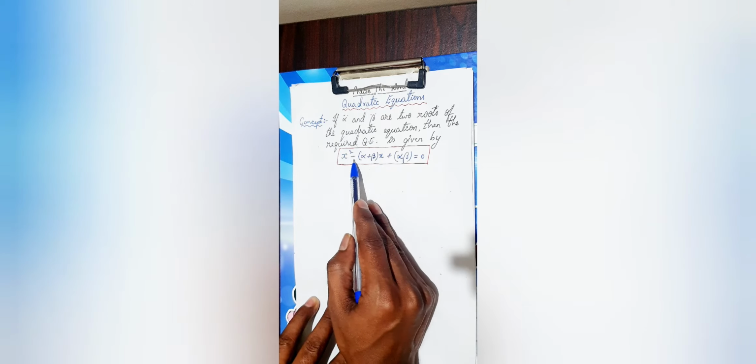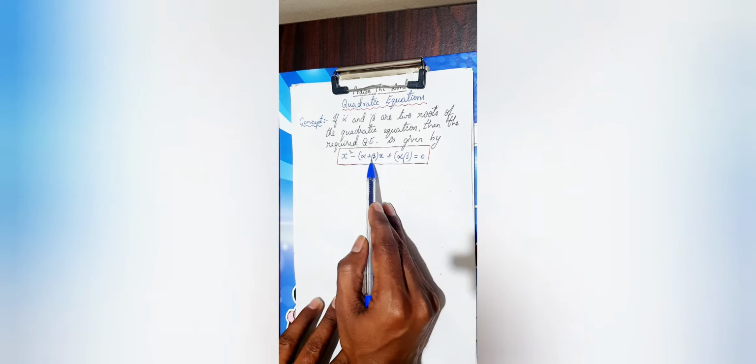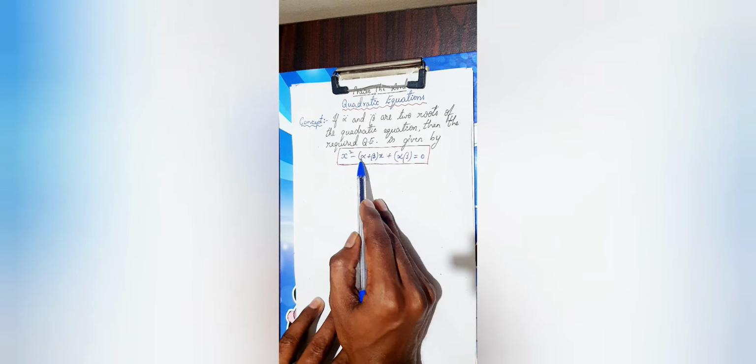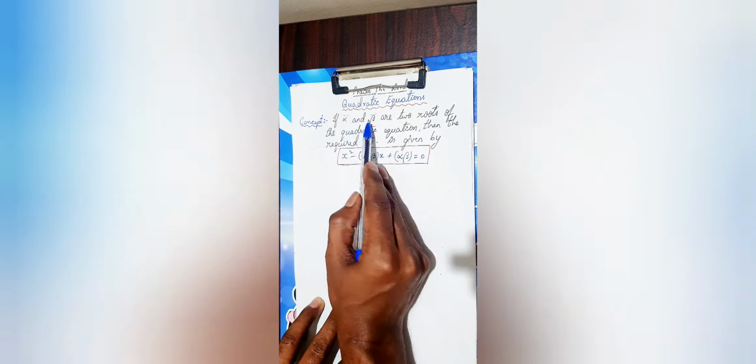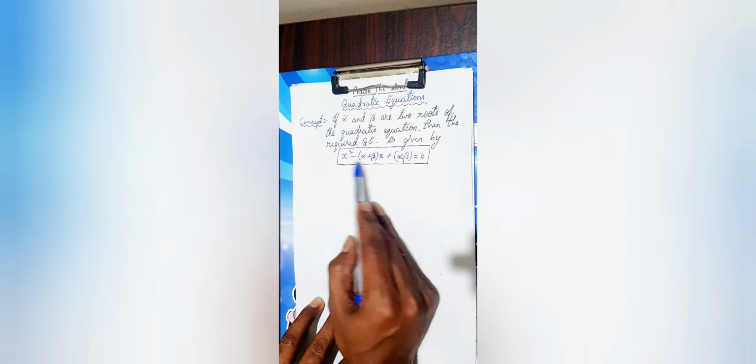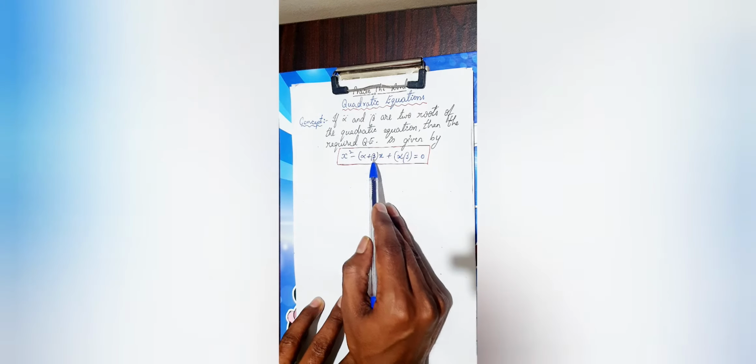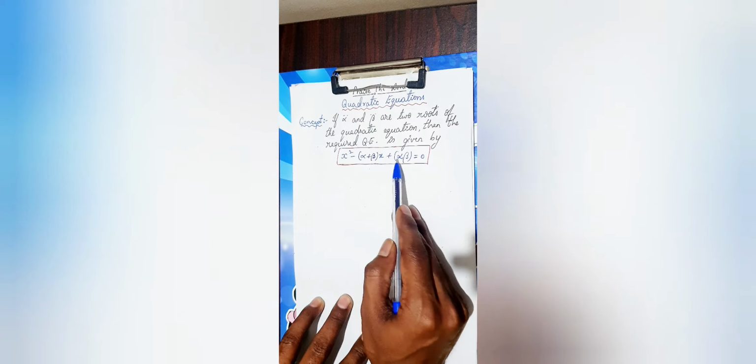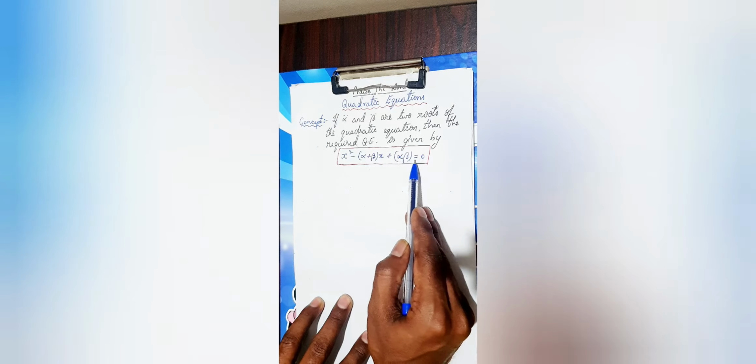So how do you find the quadratic equation when the roots are given? The formula is x square minus alpha plus beta, which means the sum of the two roots, so x square minus of alpha plus beta into x plus alpha into beta, that is equal to 0.